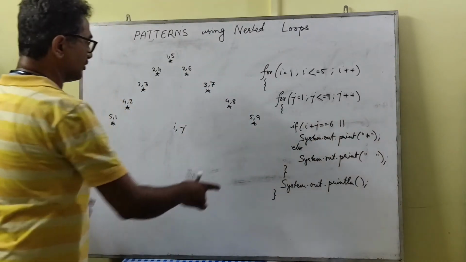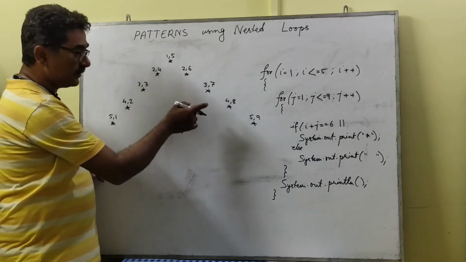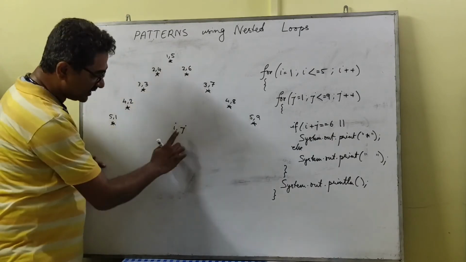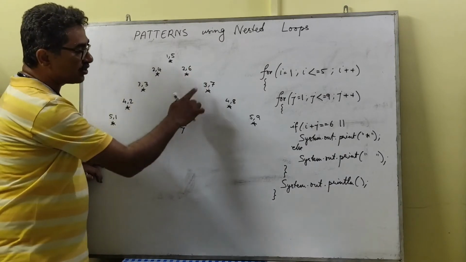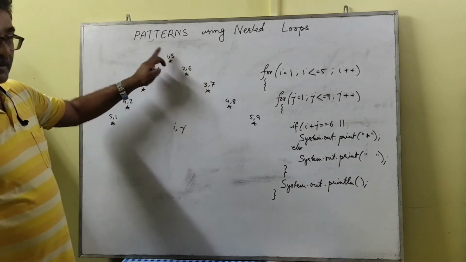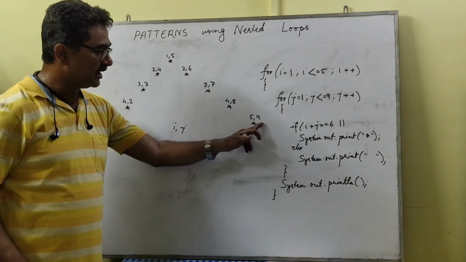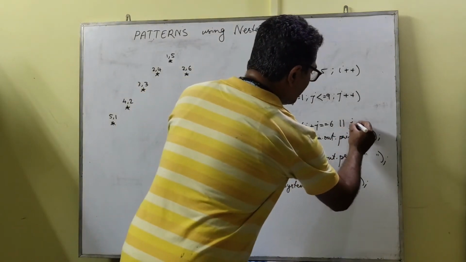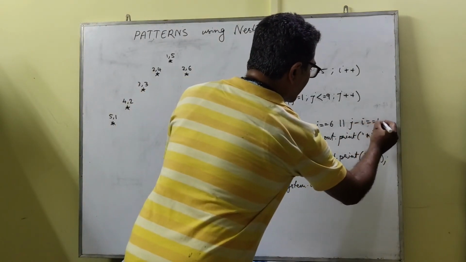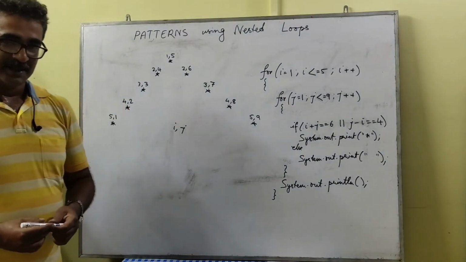Now for the next one, here the difference between them, that is if you do j minus I, the second coordinate minus the first coordinate, j minus I is always 4. Look at it carefully. 5 minus 1 is 4, 6 minus 2 is 4, 7 minus 3 is 4, 8 minus 4 is 4, 9 minus 5 is also 4. So we can tell if j minus I equals 4. It's that simple. Grid patterns are pretty simple.